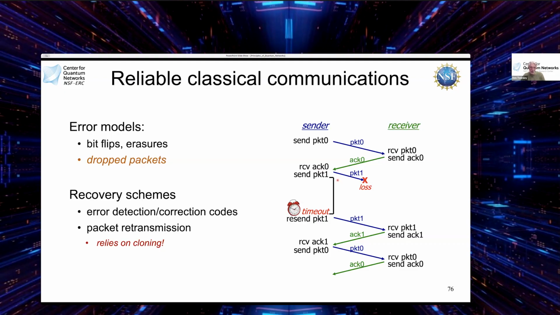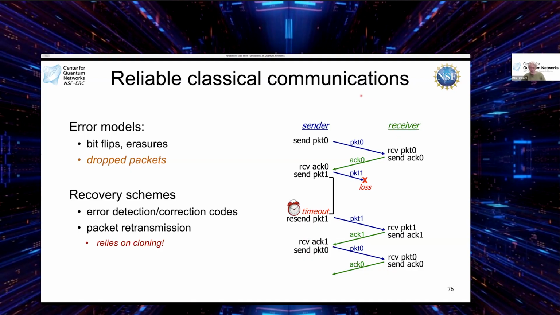How does the sender handle that? Every time it transmits a packet, it sets a timer. If the timer times out, it interprets that to mean that the packet it sent was lost, and therefore it never received an acknowledgement back. So it resends the packet, it makes it to the receiver, the receiver sends the ACK, and the sender then sends the next packet.